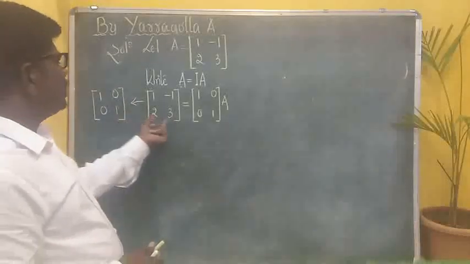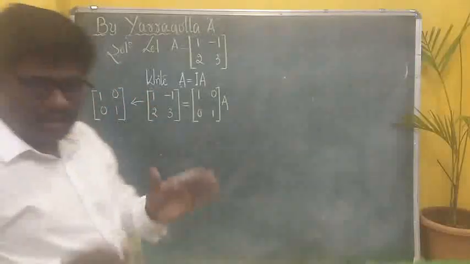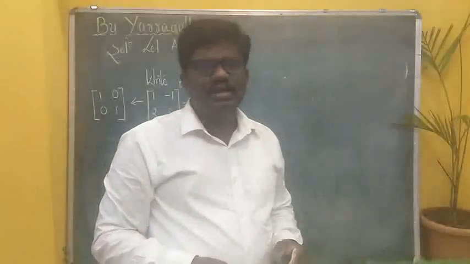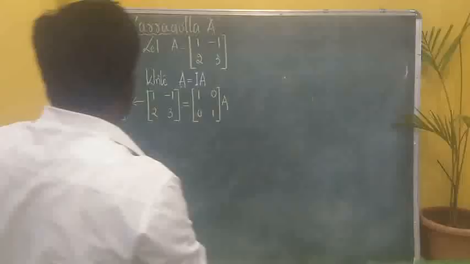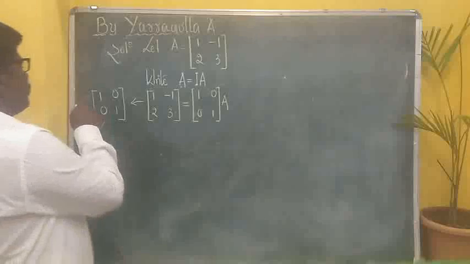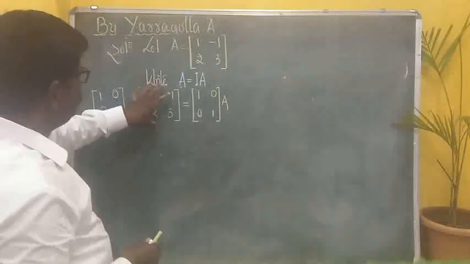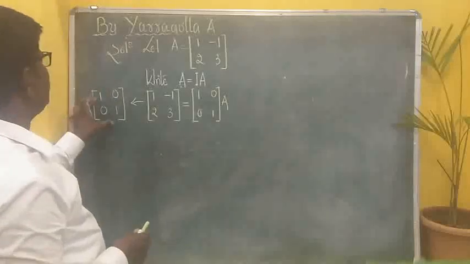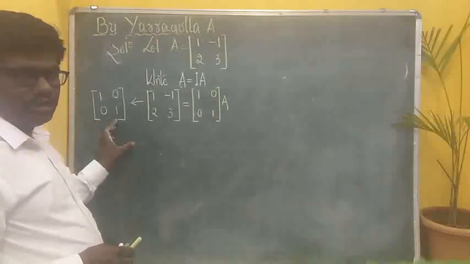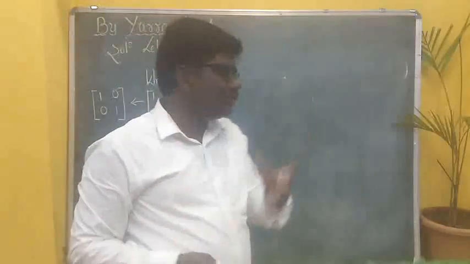If you get the left hand side matrix as 1 0 0 1, that will be the end of the problem. So how do we make this 1 minus 1 2 3 into 1 0 0 1? There is a technique for that, and I'm going to teach it to you, so try to follow it.